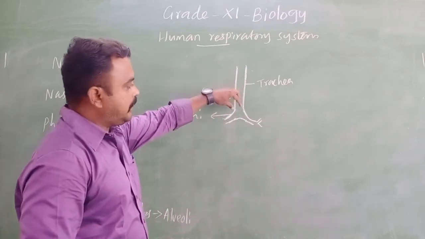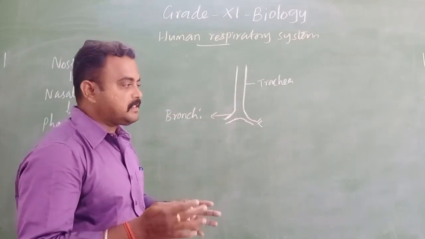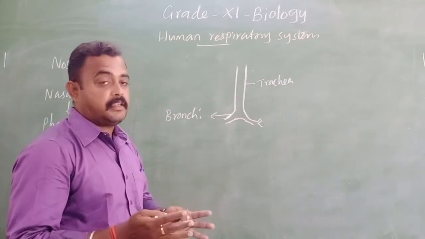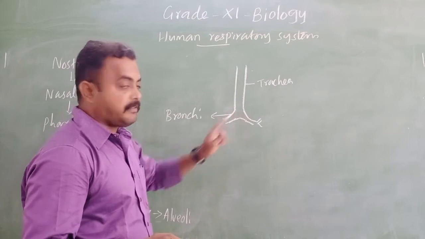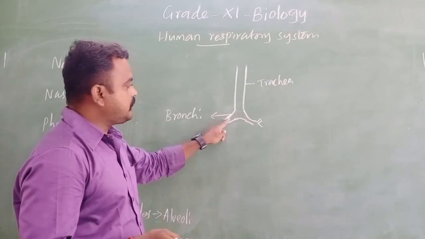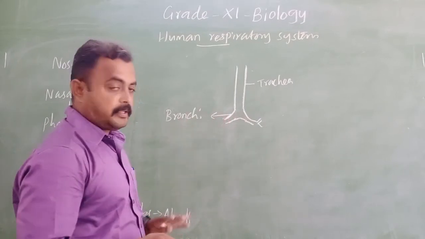The trachea divides into primary division, secondary division, tertiary division. This is the primary division, and the primary division is known as bronchi.